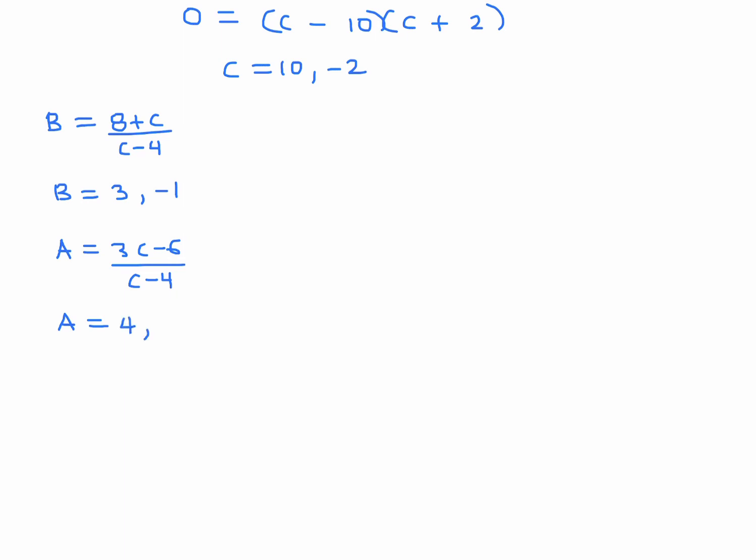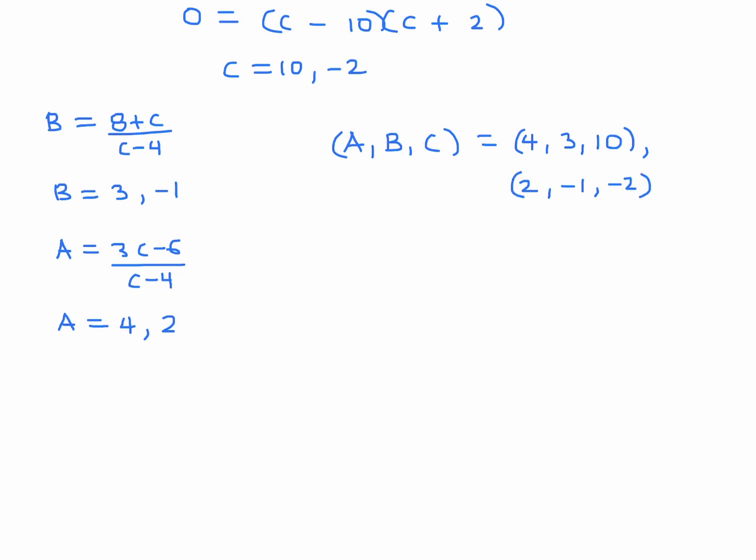And for negative 2, it would be minus 12 divided by negative 6, which is positive 2. So my triplets A, B, C are 4, 3, and 10, and the other one is 2, negative 1, and negative 2.